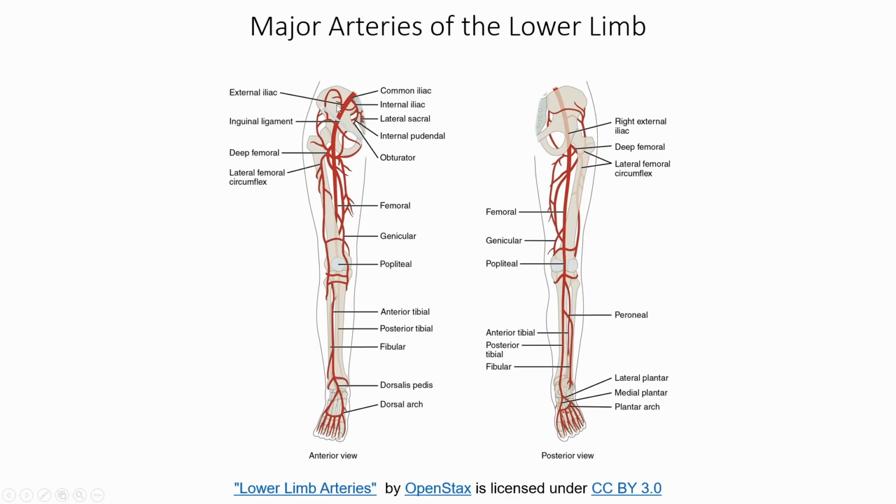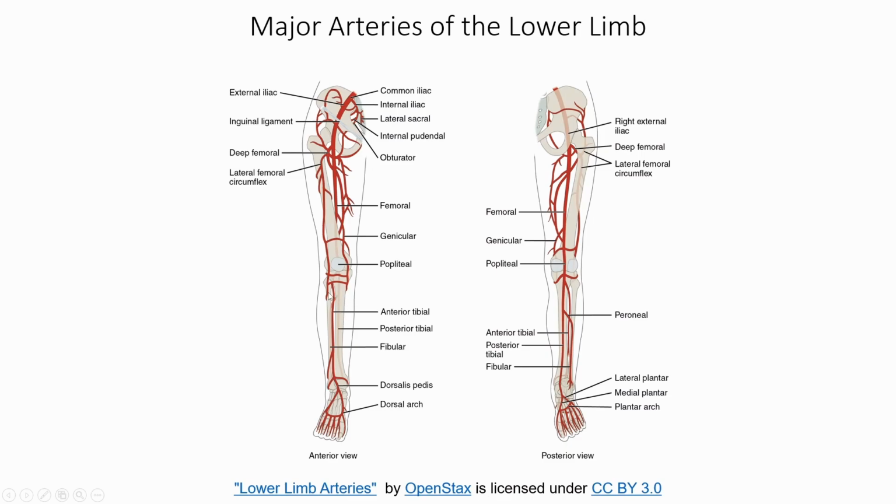We have the deep femoral and the femoral artery. We also see the lateral femoral circumflex. Similar to what we saw with the humeral circumflex, we have some that wrap around the femur in this case. The genicular, which will run around the medial side of the thigh, and then the popliteal, which runs back behind the knee.